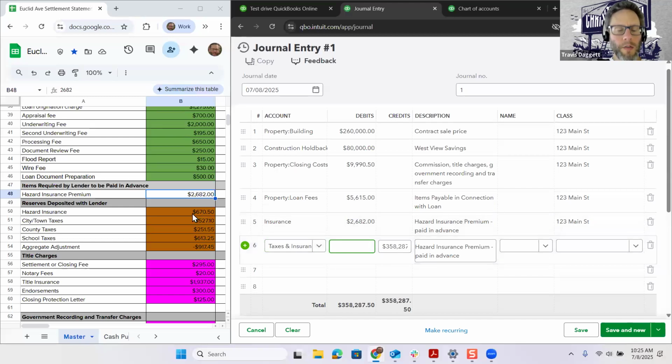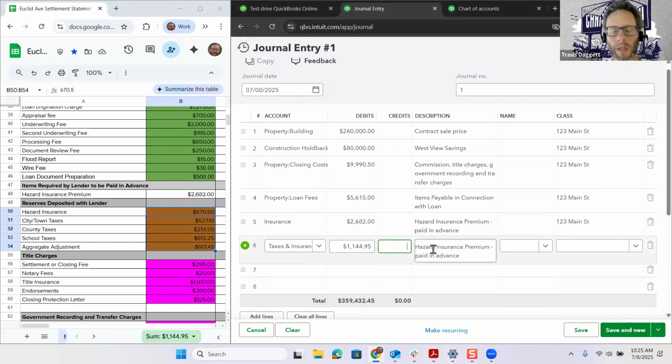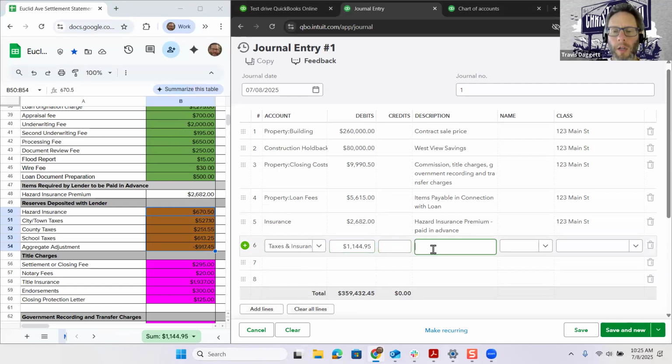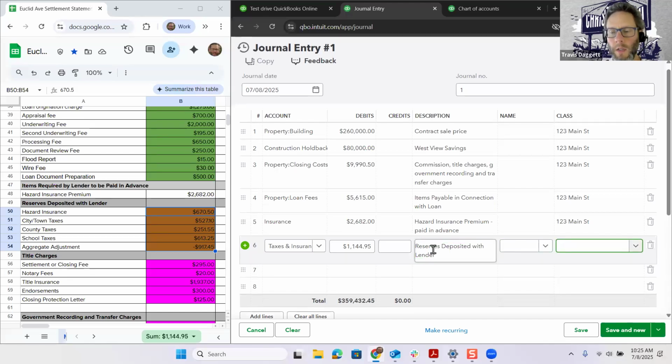Okay, and this is this total here, 1144.95. Okay, we can also see that on our mortgage statement. This is reserves. Executed with render. And yes, it's for a specific property.